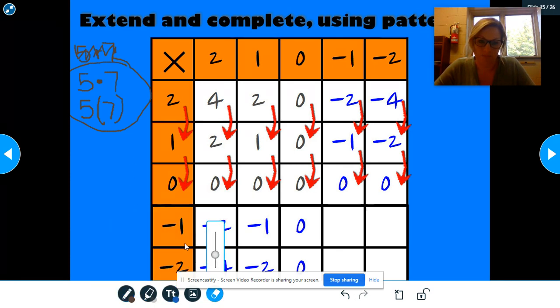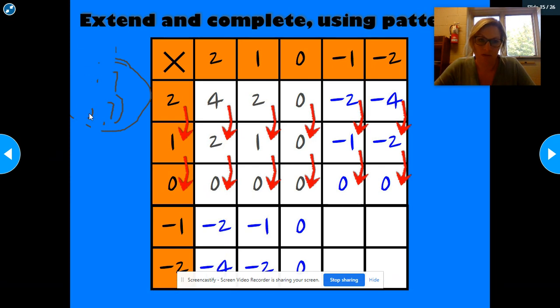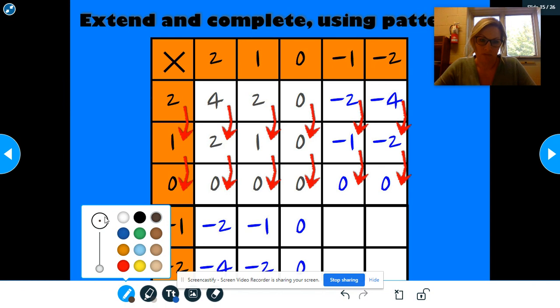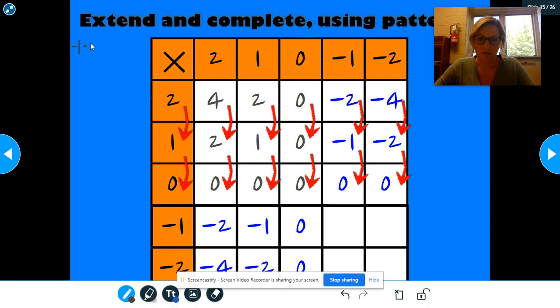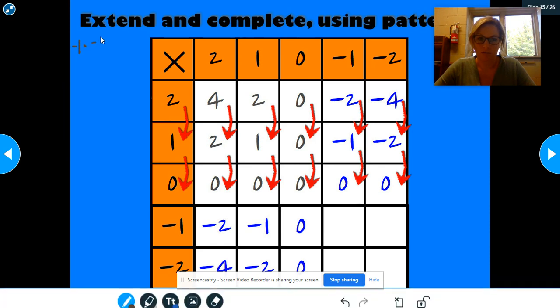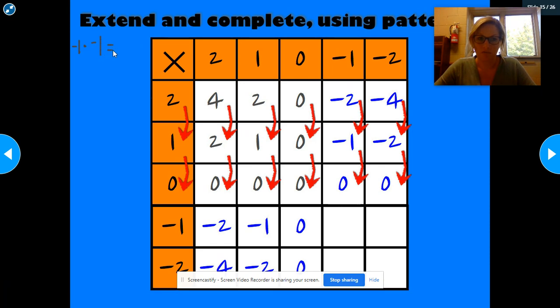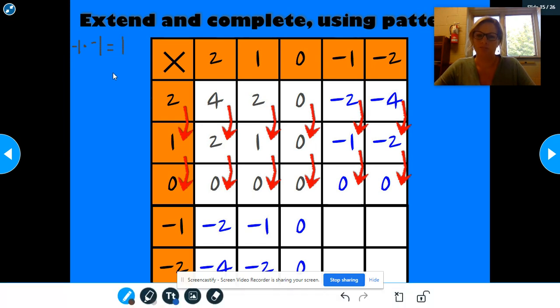So let me erase this. And then we're going to start looking at patterns. If we have negative 1 times negative 1, that's going to equal positive 1.